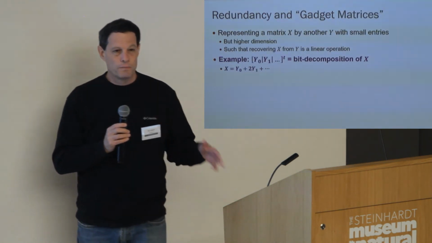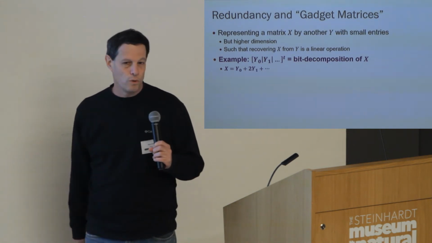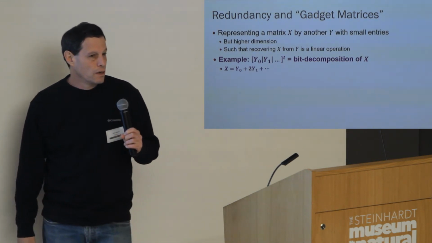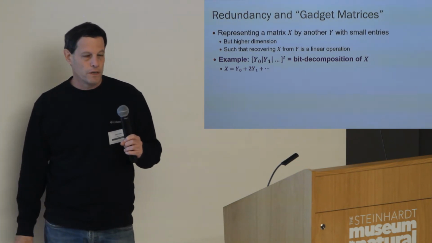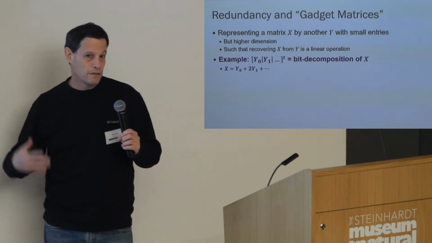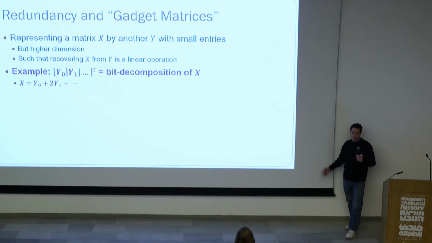The second concept that I want to talk about in terms of background is redundancy that we need to add and gadget matrices. Gadget matrices, for the purpose of this presentation at least, are a way to represent some matrix that we care about, call it X, by some other matrix Y that has small entries and higher dimension, such that recovering the original X from your Y is a linear operation.